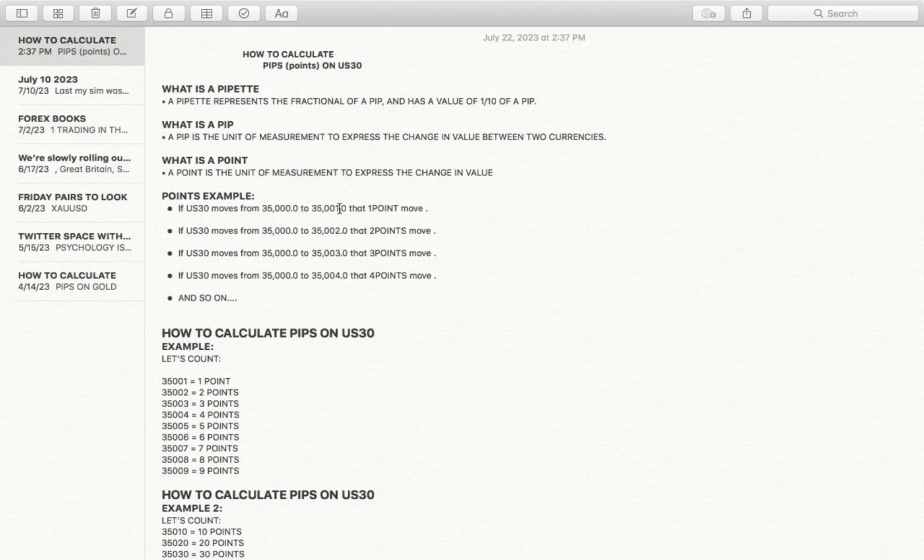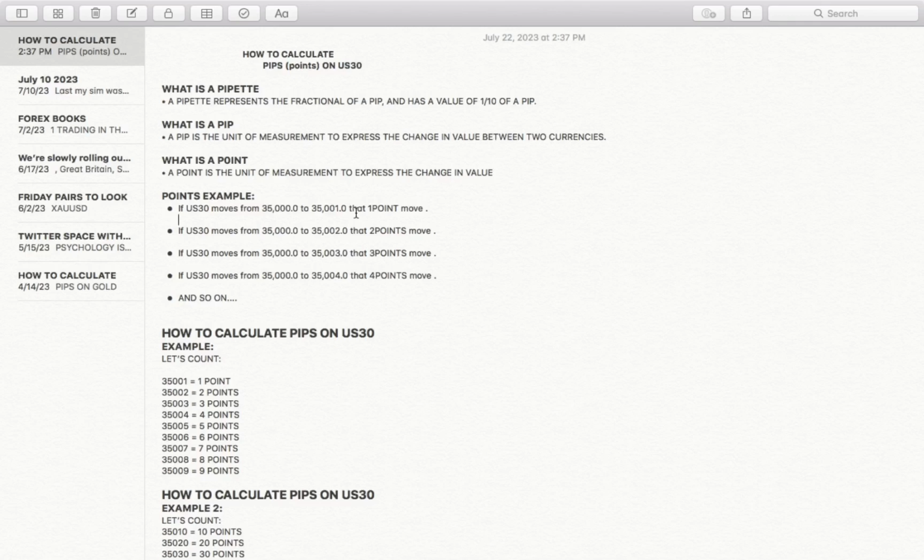That is what we can call a 1 point move in the forex and stock concept, because US30 is an index that combines 30 stock companies, the 30 best companies in the US.